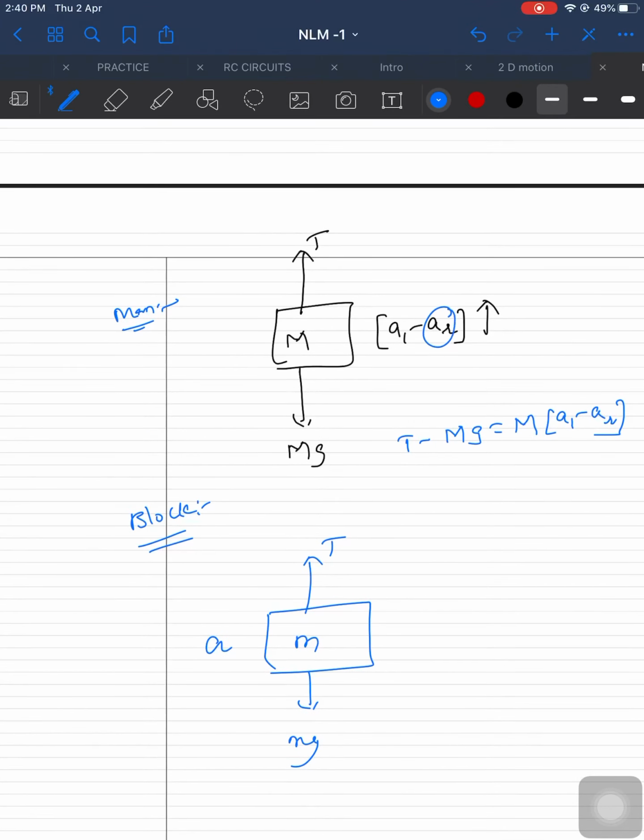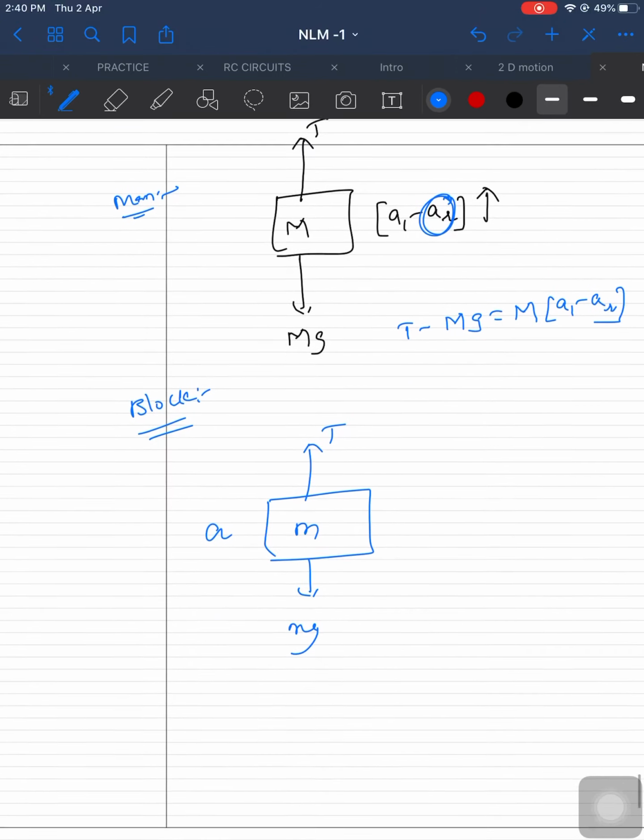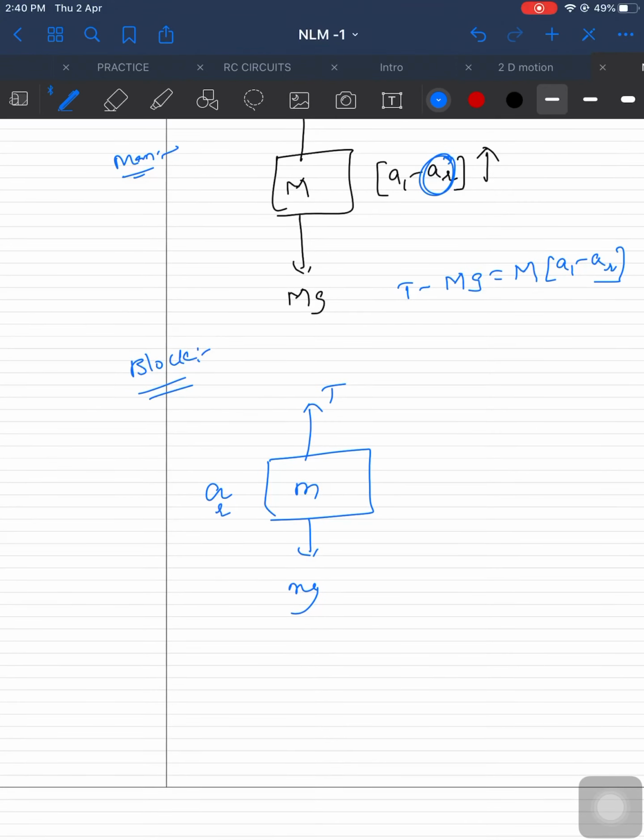Acceleration of the block is equal to acceleration of the rope. Whatever acceleration the rope is pulled with, the block also comes up with the same acceleration. So the acceleration of block is AR in the upward direction. Now if we write the equation, T minus mg is equal to small m into AR, the acceleration of the rope.